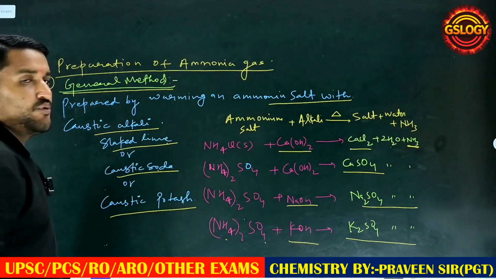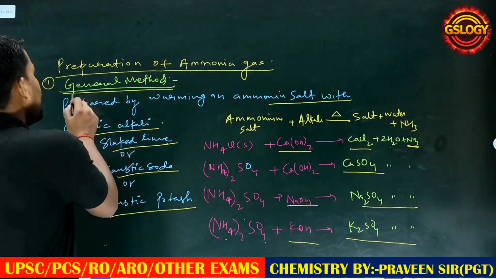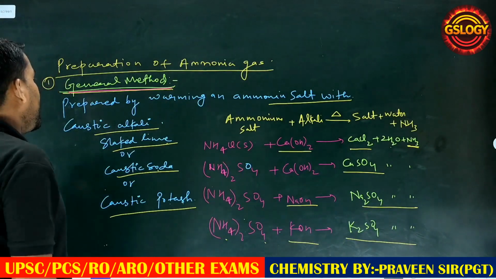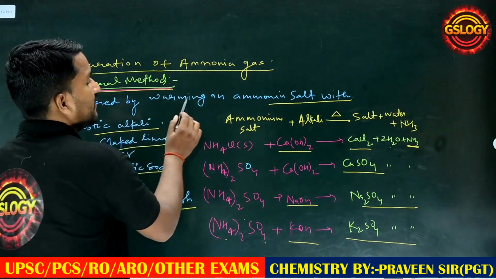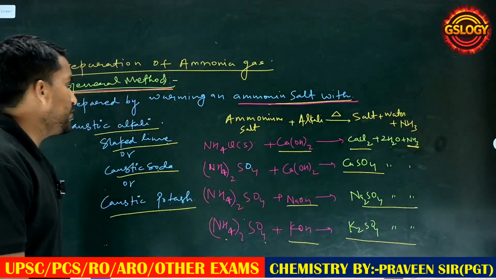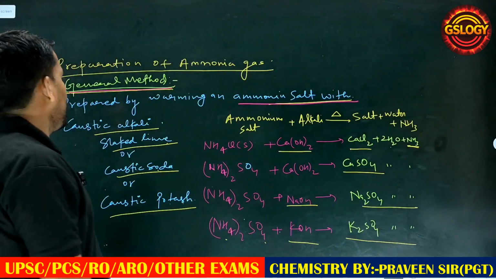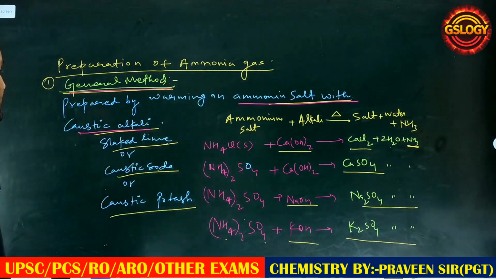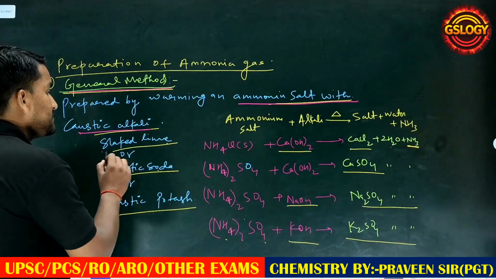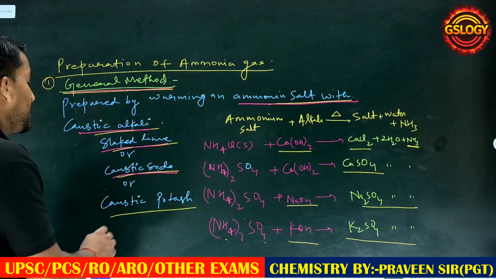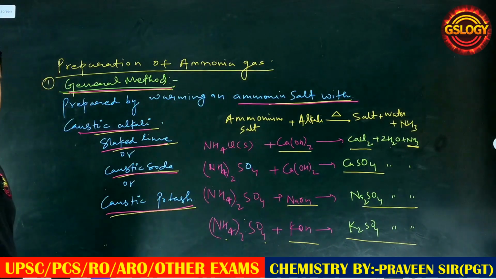Next, preparation of ammonia gas, general method. By the general method, ammonia gas is prepared by warming an ammonium salt with a caustic alkali, slaked lime or caustic soda or caustic potash.